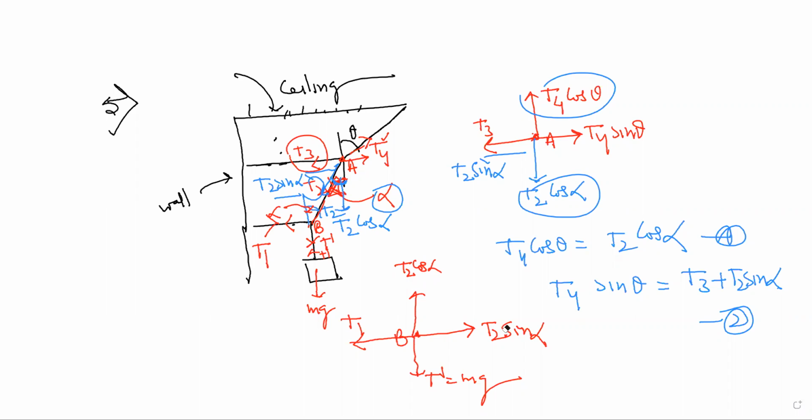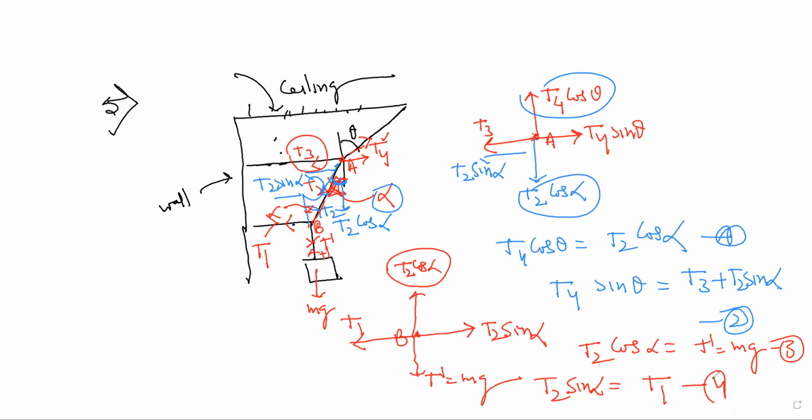So just write down sigma Fx and sigma Fy and equate them with 0. Of course T2 cos alpha is equal to T dash, that is equal to mg, equation 3, and T2 sin alpha is equal to T1. So through all these equations we can easily find out whatever we were asked.